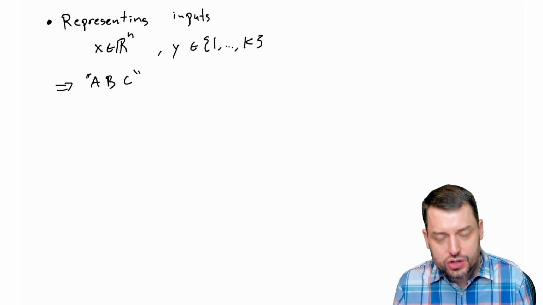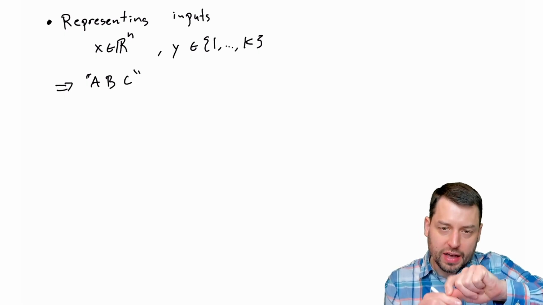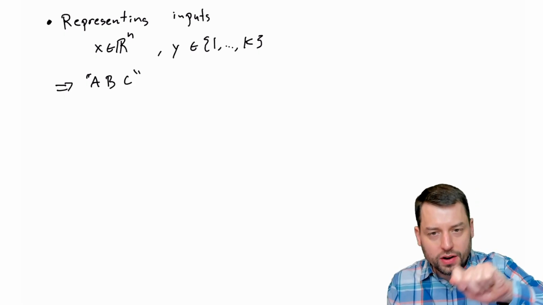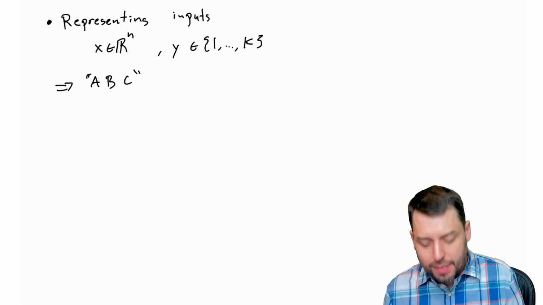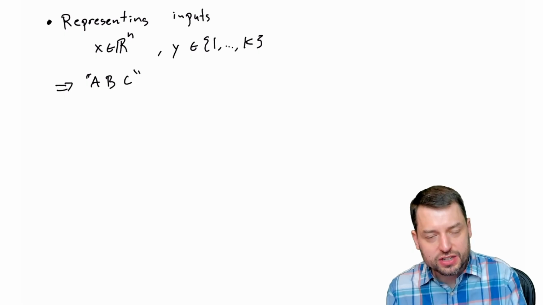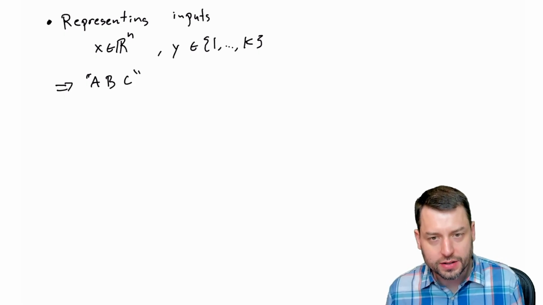And just like with an image, we represent it by just taking all the pixels and stacking them into one great big vector. We could also think about representing our input as just a stacking of all the one-hot encodings.